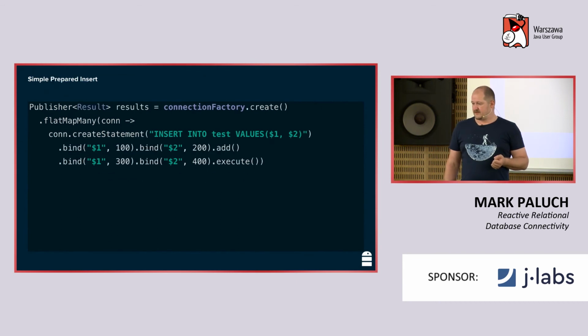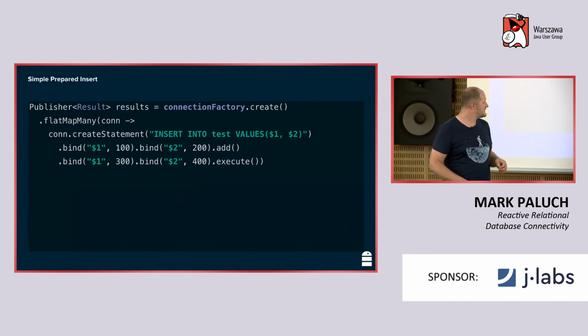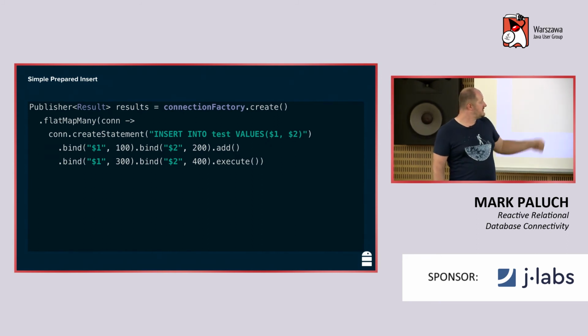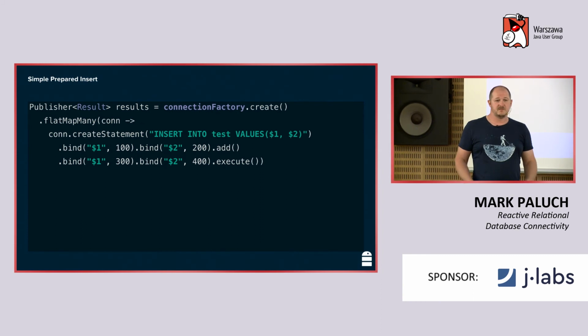Now, let's go to modifying statements. They are basically created the very same way. I create a connection, create a statement, and provide my statement SQL, which is insert into test values and a few parameter bind markers. If we look at that SQL statement, we will see there is $1, $2, and these are Postgres-specific parameter bind markers.